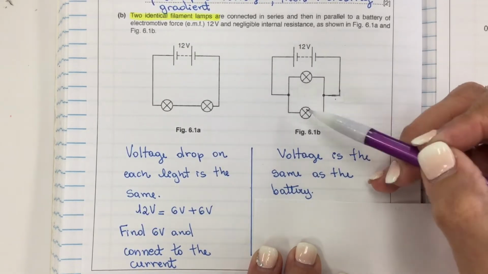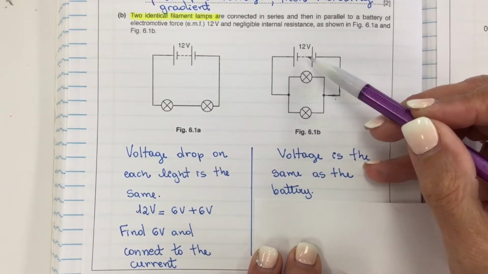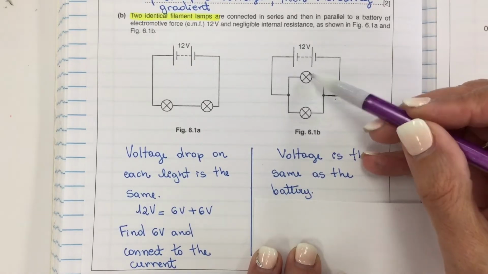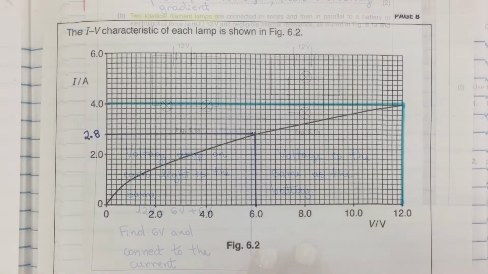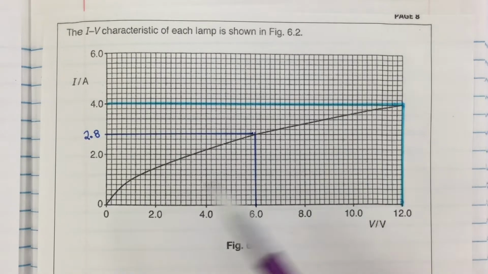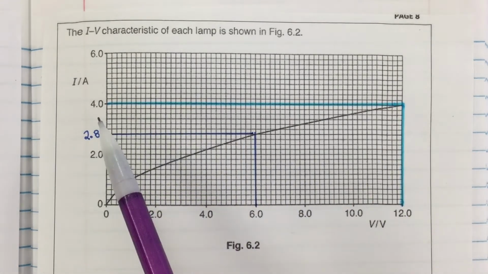Well, both lamps are in parallel and connected directly to the battery. So we can say the voltage on each lamp is 12 volts. Using the same reference graph for the filament lamp, 12 volts, this blue shade here, corresponds to a current of 4 amps.